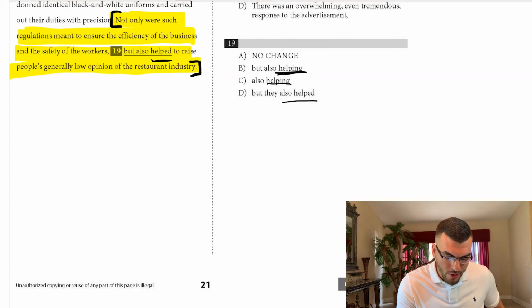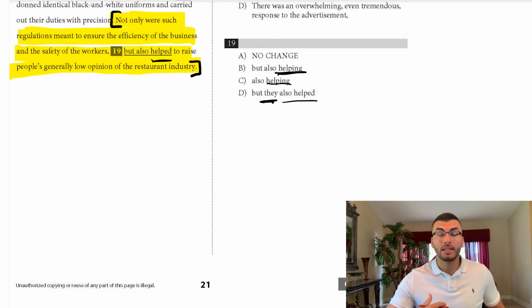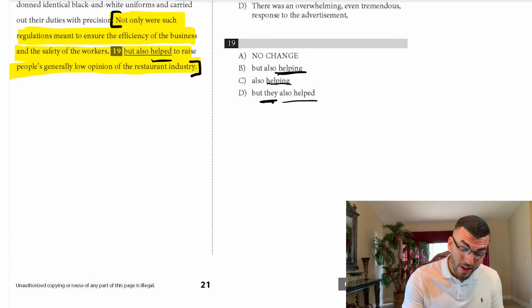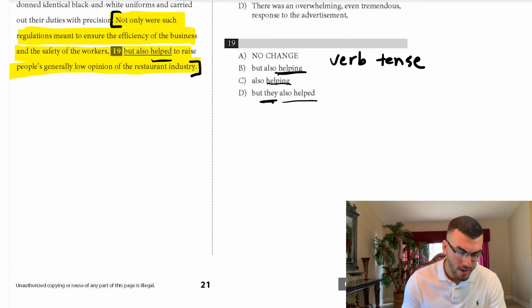But then you'll see that you also have they right there, which is a pronoun, and that's the only one that has a pronoun. So since the verbs are changing, let's do what we normally do with verb tense, because the tense of the verb is changing. Helping versus helped. That's present versus past.